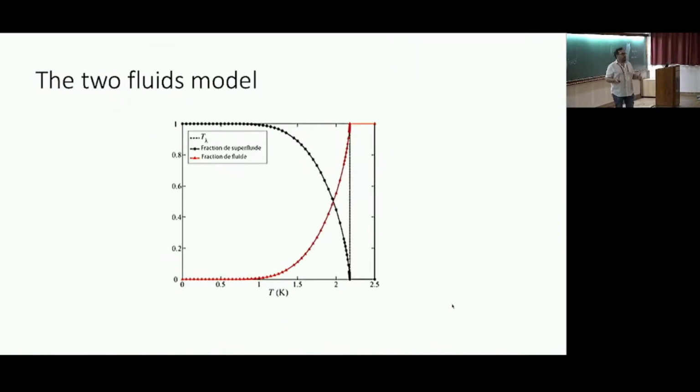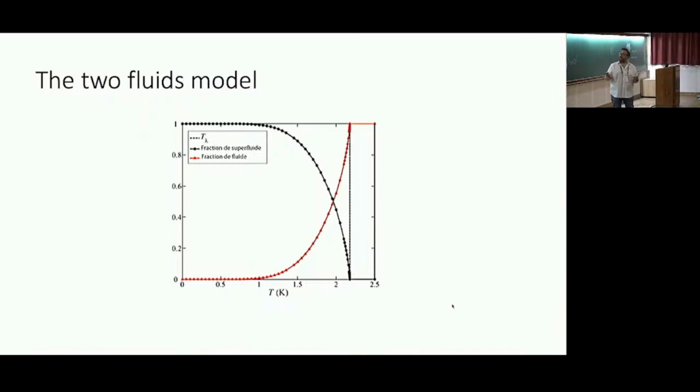To describe this fluid, Luca already introduced the two-fluid model. I just wanted to make it very rough, fast, and without equation. We see here the density of the superfluid fraction that increases when we go from the transition temperature to extremely low temperature, while the normal fluid component decreases.